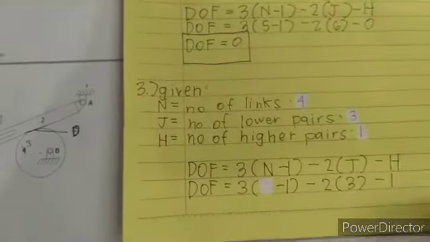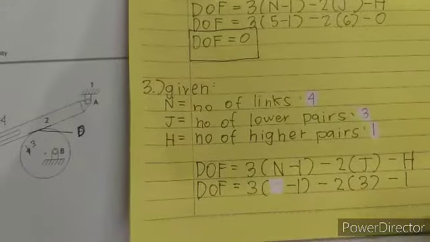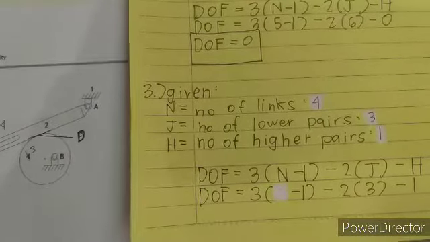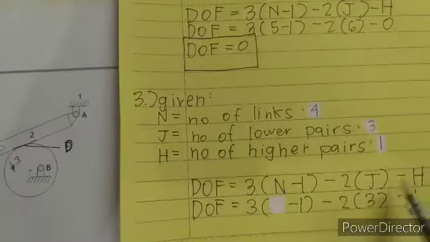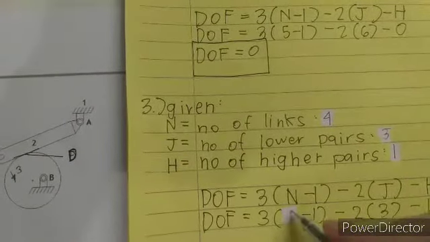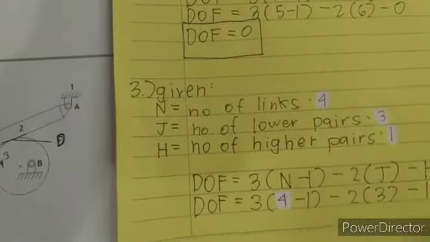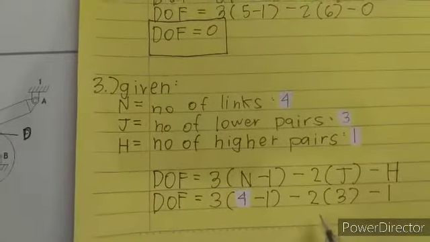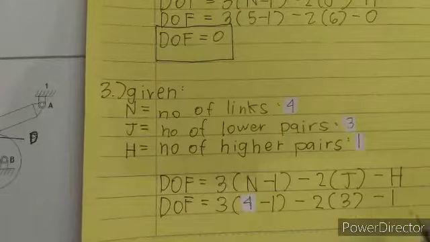Now, using these values in Grubler's equation to find the degree of freedom, we're going to plug this in. 3 multiplied by 4 minus 1 minus 2 multiplied by 3 minus 1.